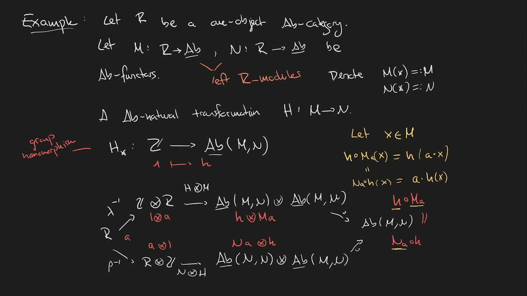Therefore, the commutativity of the diagram for the V naturality is giving us this condition, which is just the fact that the map h needs to be R linear.